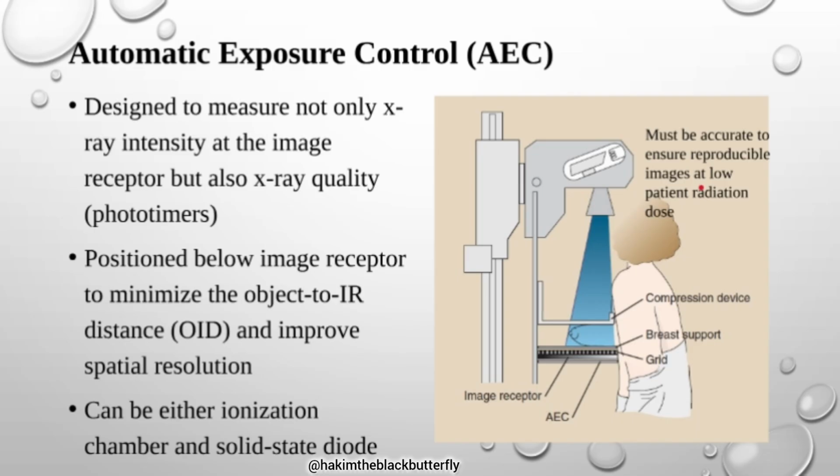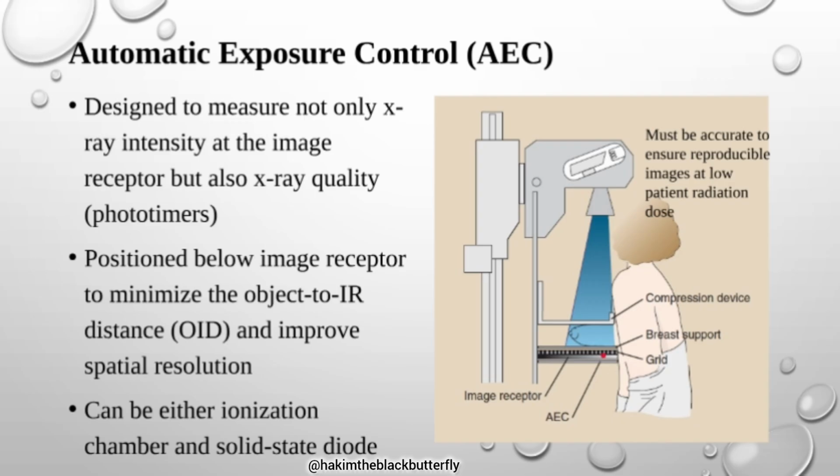It is designed to measure not only the X-ray intensity at the image receptor, but also the X-ray quality. So it is positioned below the image receptor to minimize the object to image receptor distance and to improve the spatial resolution.